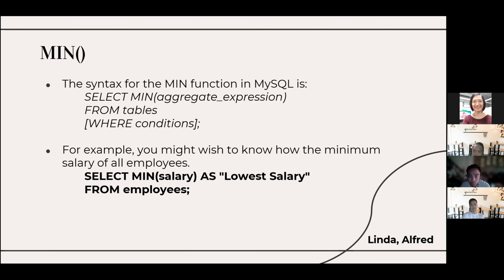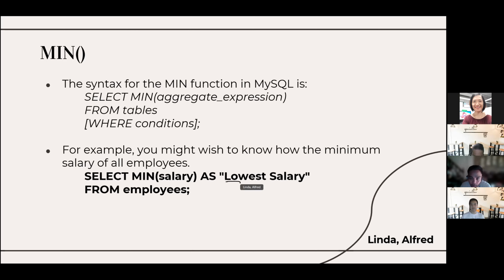Minimum. The syntax for minimum, basically what this does is find the minimum value of a record in a table. In our example, we have the salary record in our database, the lowest salary.